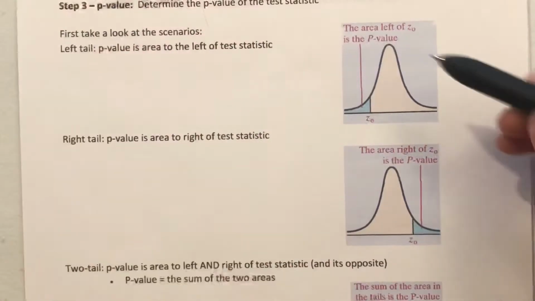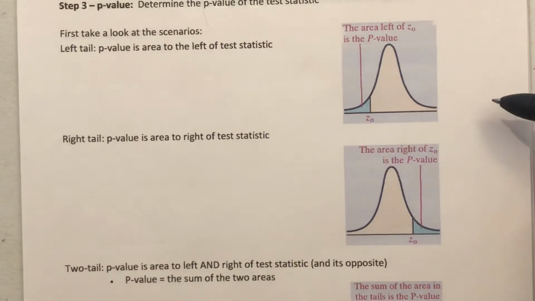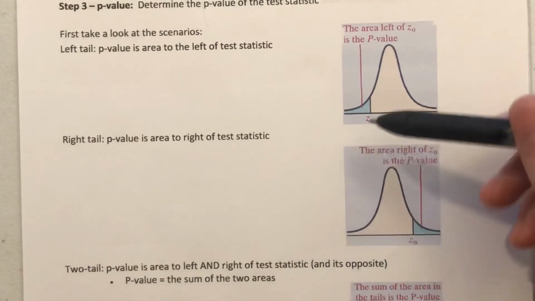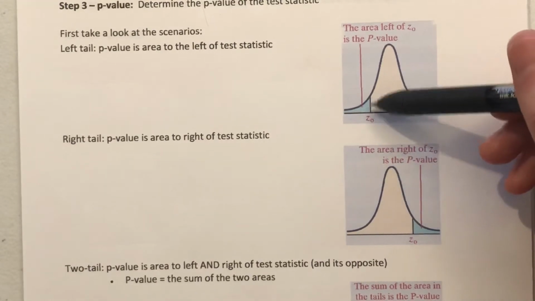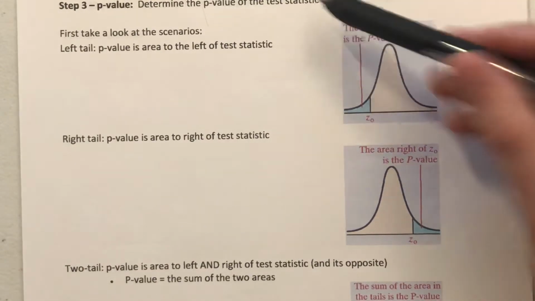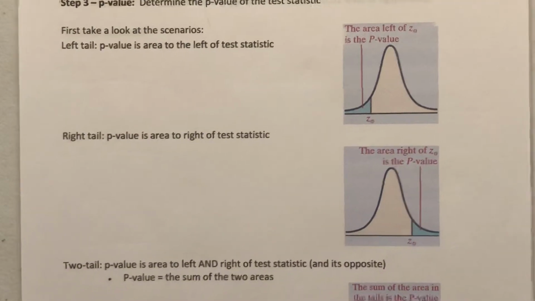The idea here is you're finding an area that you will then compare to alpha. So rather than letting alpha be the thing that determines the tail you draw, you're finding the area based on the value we got from step 2, and then comparing that value to alpha.